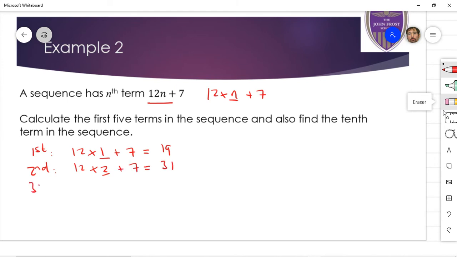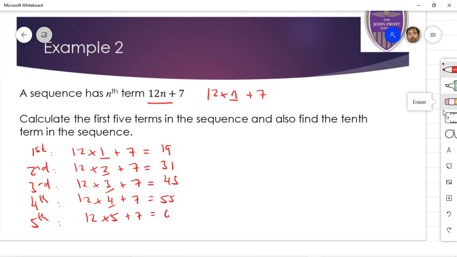The third term, 12 times 3 add 7, which is 43. The fourth term, 12 times 4 add 7, is 55. And the fifth term is 12 times 5 add 7, which equals 67. So this sequence looks like 19, 31, 43, 55, 67, forever and ever. It's going up in 12s, which is kind of cool.